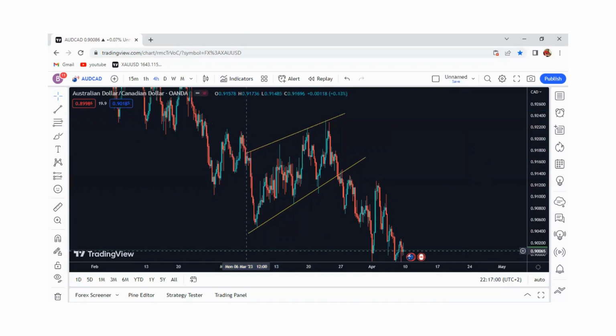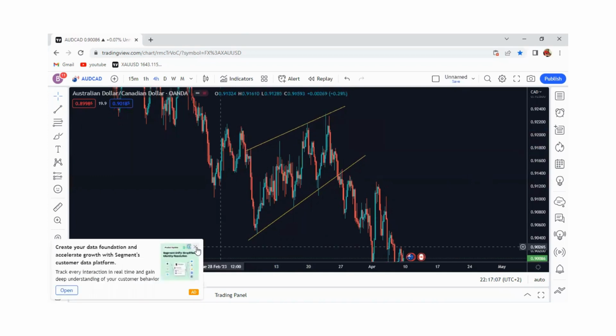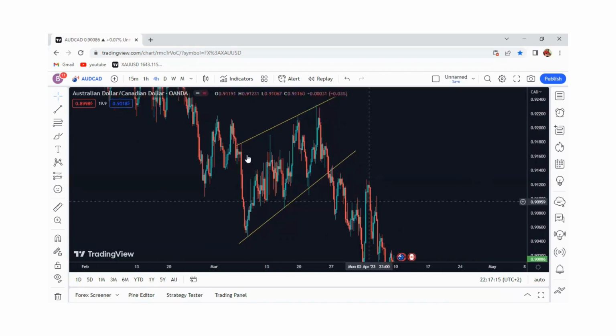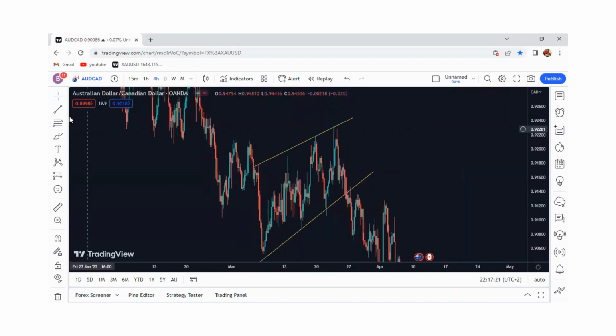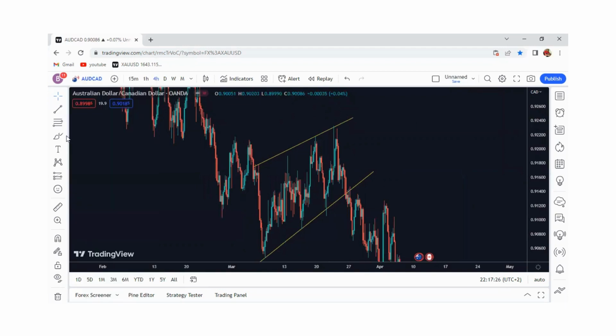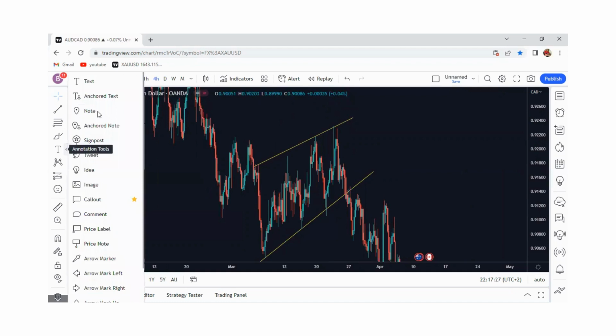As you know, on the third touch normally, that's where we're going to get our risk entry. This is our first touch, second touch, obviously third touch. So here we were going to get our risk entry.